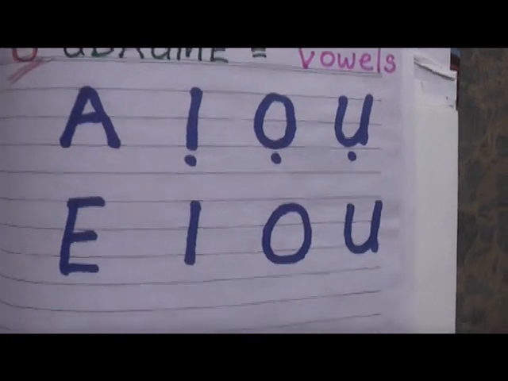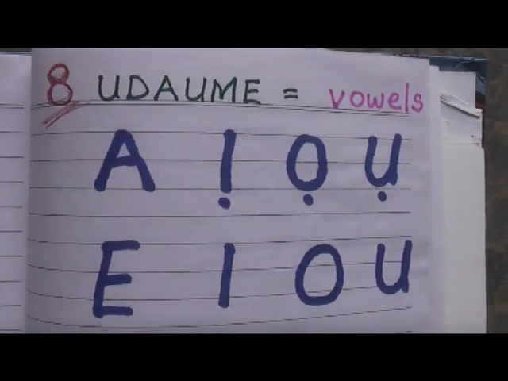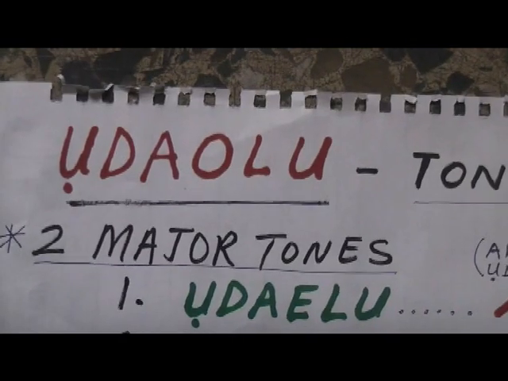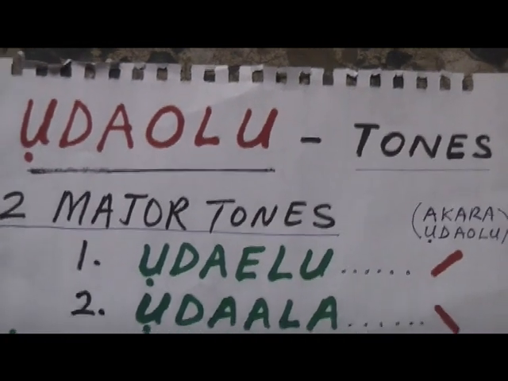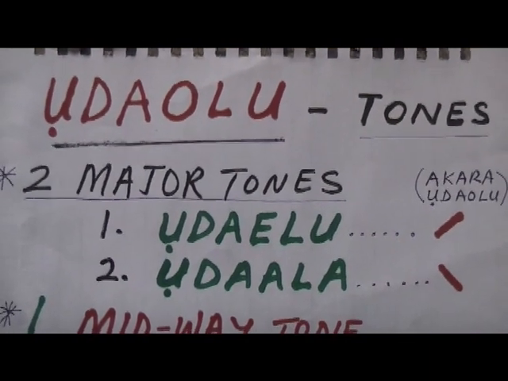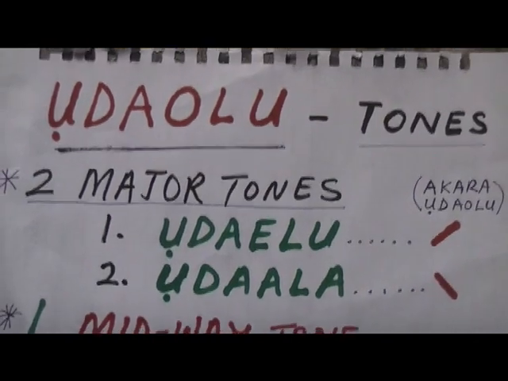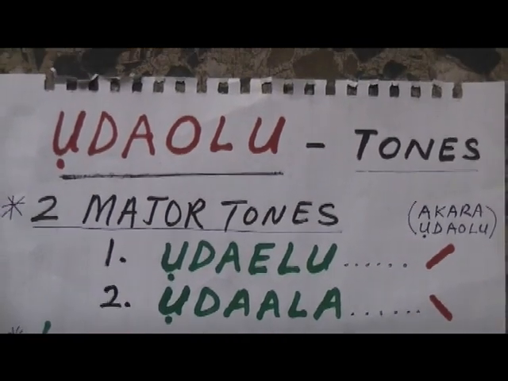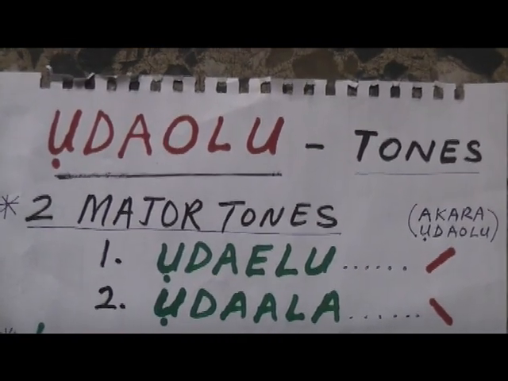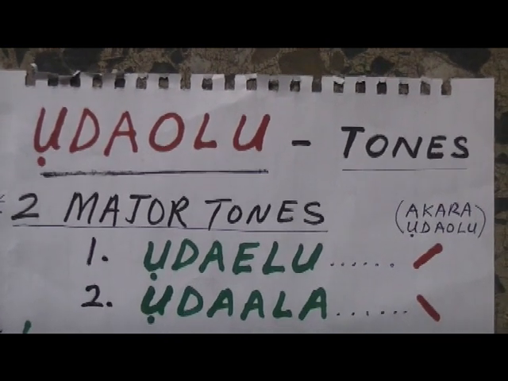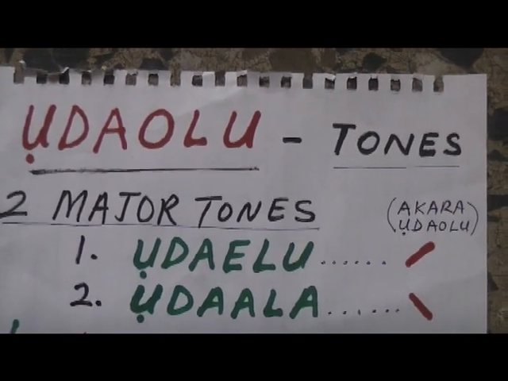Ụda ume means vowels, but today we are going to introduce Ụdaolu or tones. So in this part 7, we shall say a few words, a few explanations about Ụdaolu or tones, because Igbo language is spoken in tones.